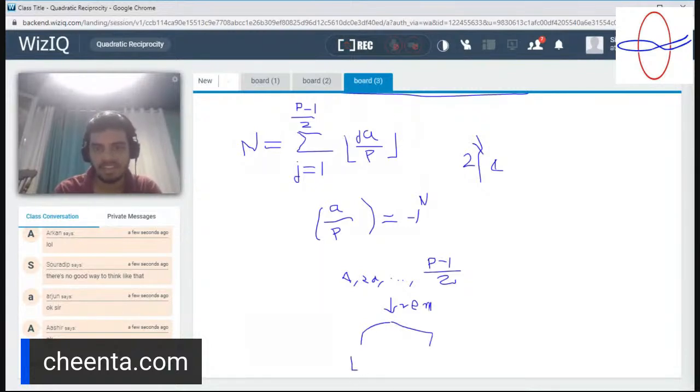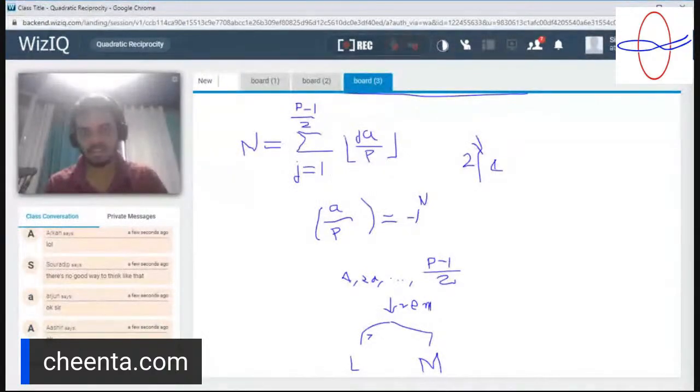I think you're pretty bored of this already, but we divide it into two sets, L and M, depending on whether it is greater than p by 2 or less than or equal to p by 2.